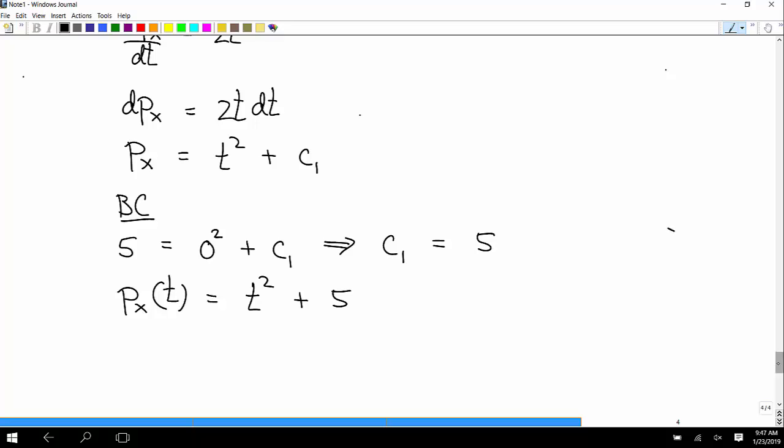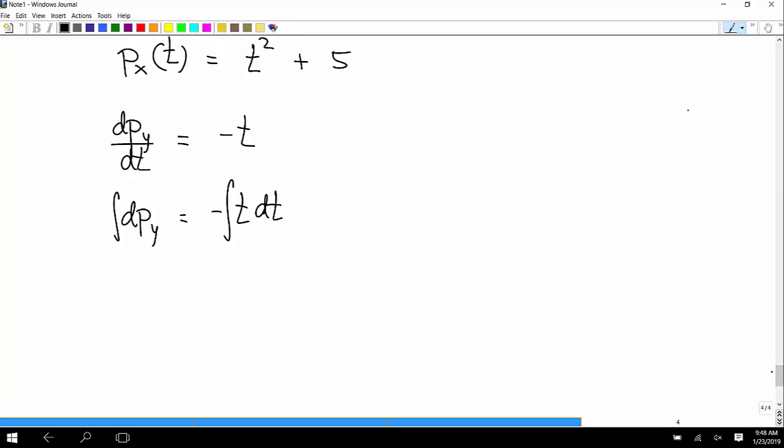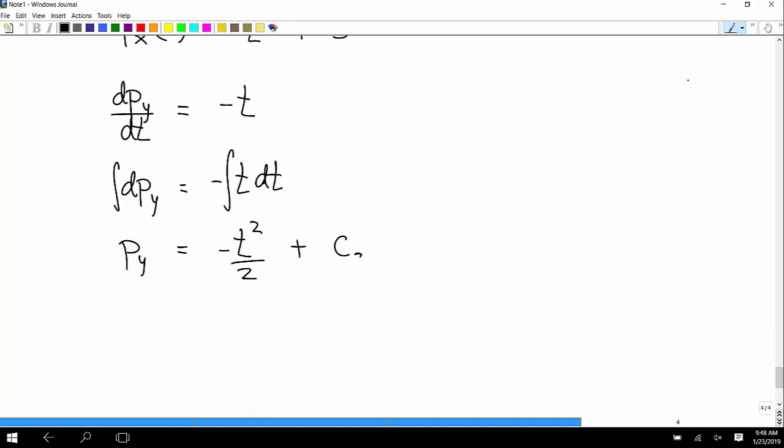And now I'll go to the y equation. It says dpy/dt is equal to negative t. So dpy is equal to negative t dt. Integrate both of those, and you get that py is equal to negative t squared over 2 plus a constant of integration, c2.